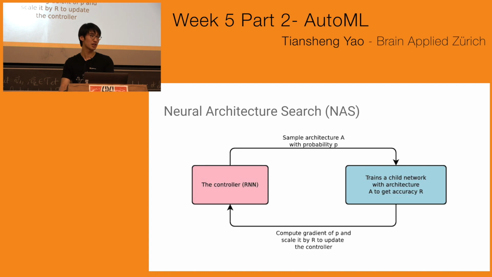First is your controller, and the second is the child network, the architecture proposed by the controller. They reinforce each other: with a better model accuracy, we know how the controller is going to explore this search space, and then with a better architecture, we get higher accuracy.